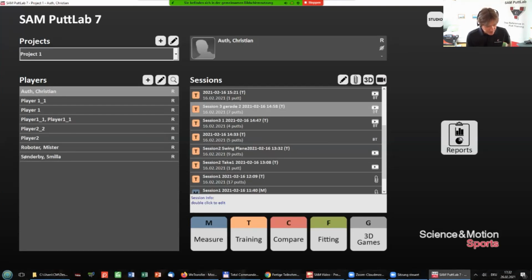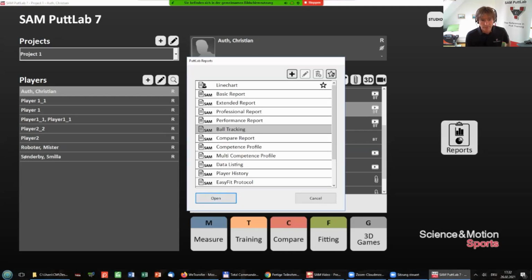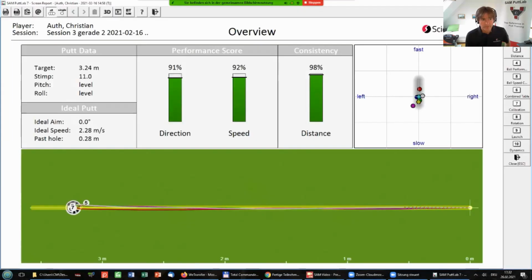Okay, so far for the data here, and maybe a few words on ball tracking and 3D, just to show you the different screens in 3D which are available.